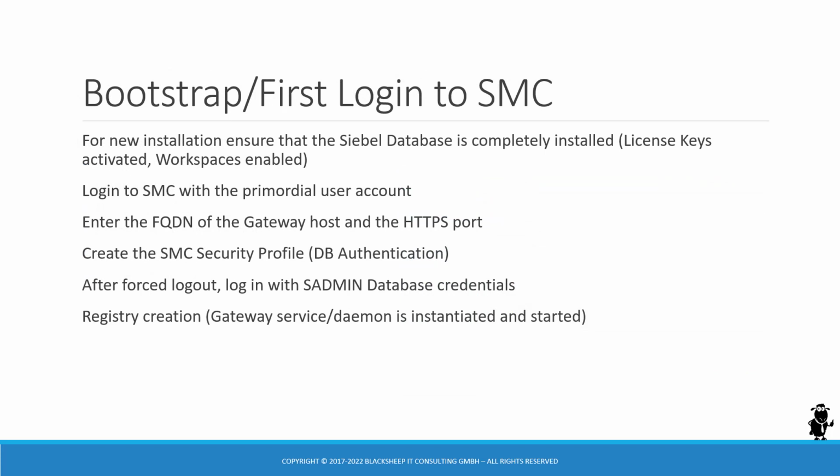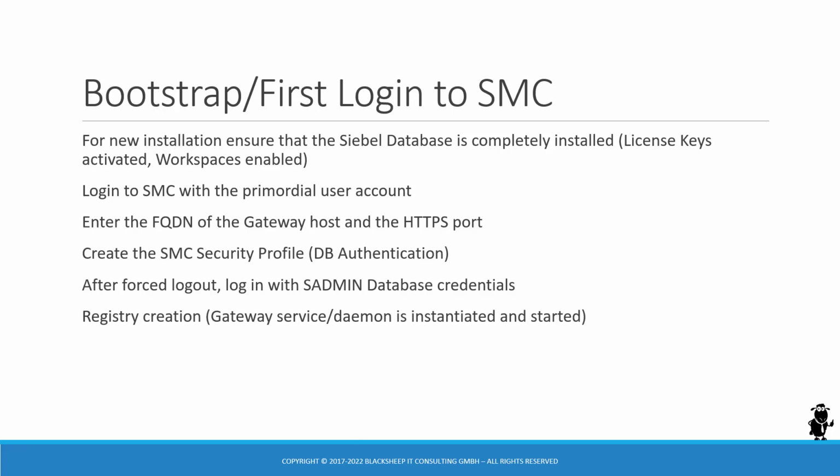So the first thing you see when you log into the SMC with that primordial user account that you specified at installation time is the prompt to register the gateway, and that is the first of three Bootstrap steps. So the gateway and port number need to be specified.